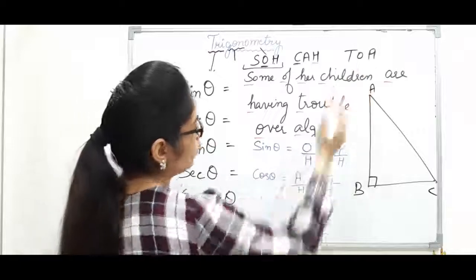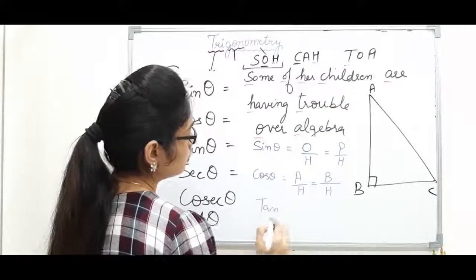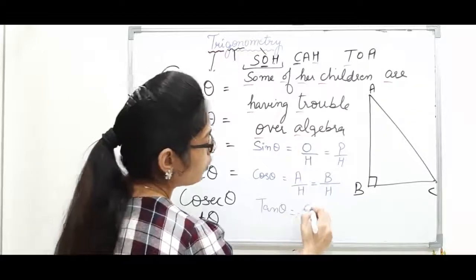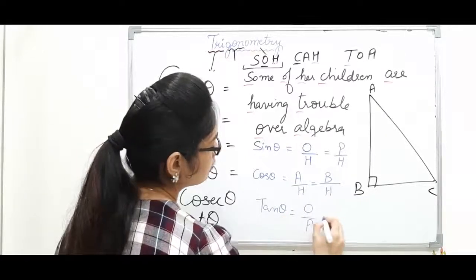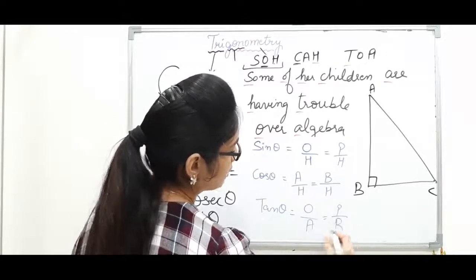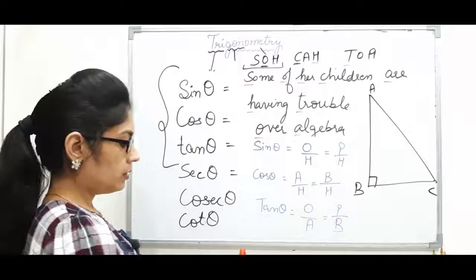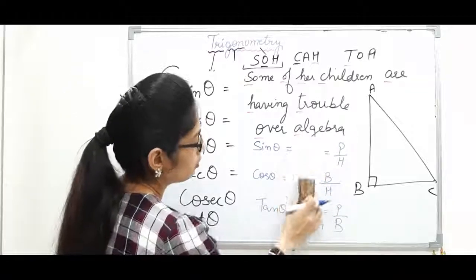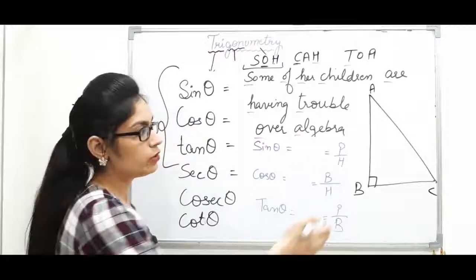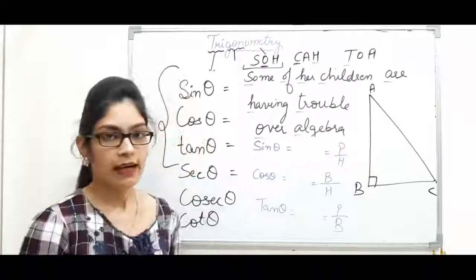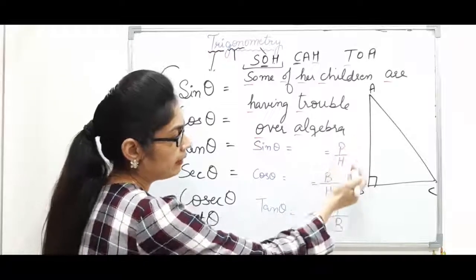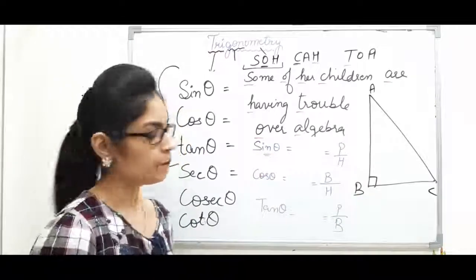T stands for tan theta, O means opposite and A means adjacent, so perpendicular over base. Whenever we take the ratio of perpendicular and hypotenuse, it is sine theta.